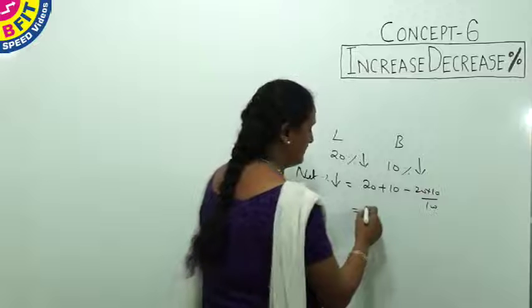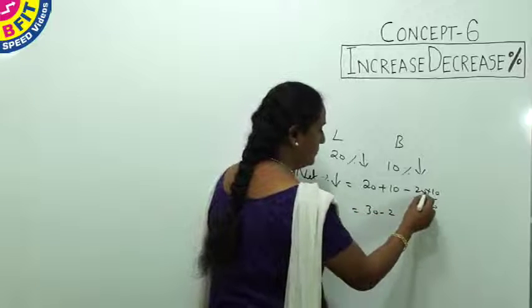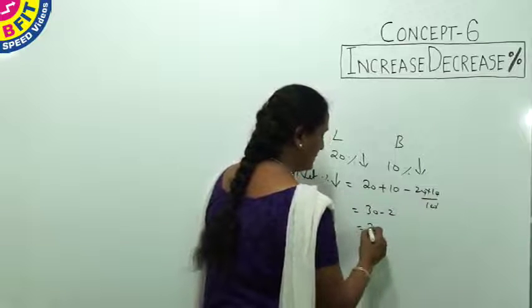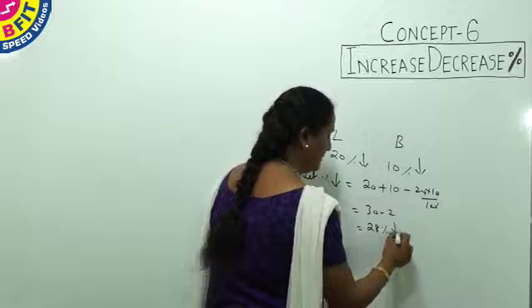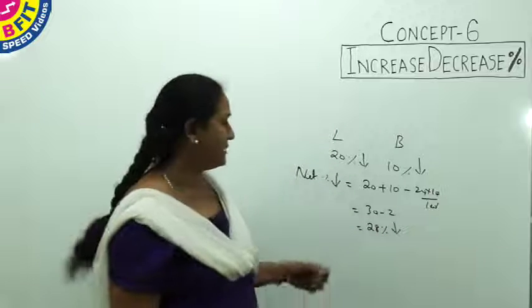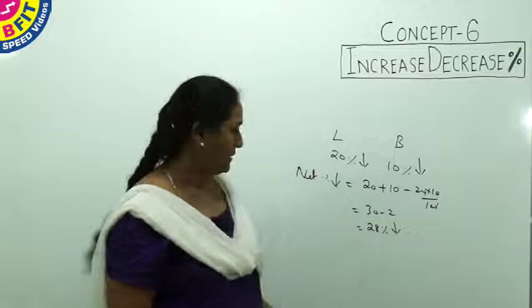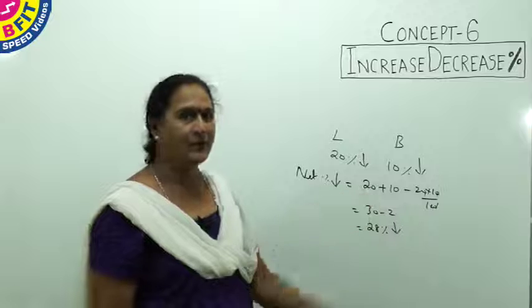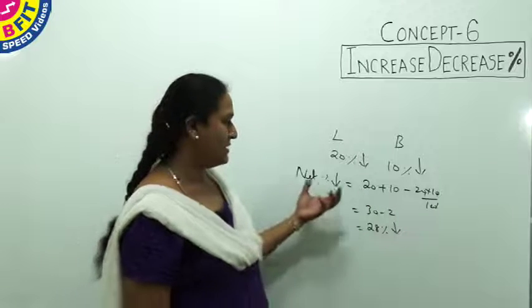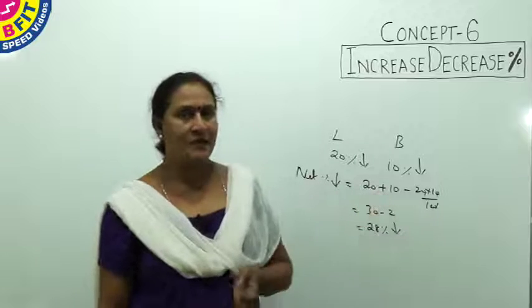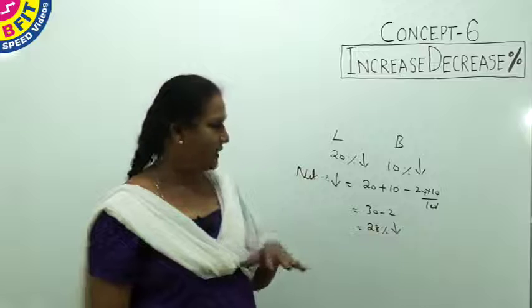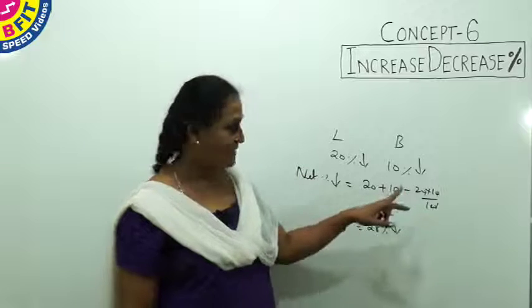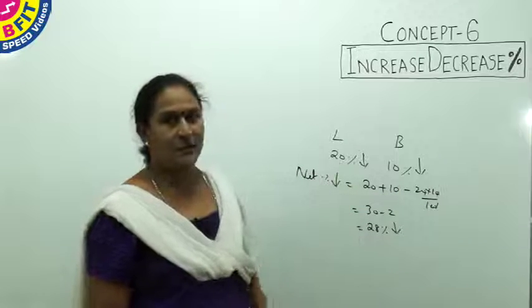So this is 30 minus 2, which is a 28% decrease. So when both are decreased by 20% and 10%, the area is decreased by 28%. By using just this X plus Y plus XY by 100, and writing the symbols according to increase or decrease, we get the net increase or decrease.